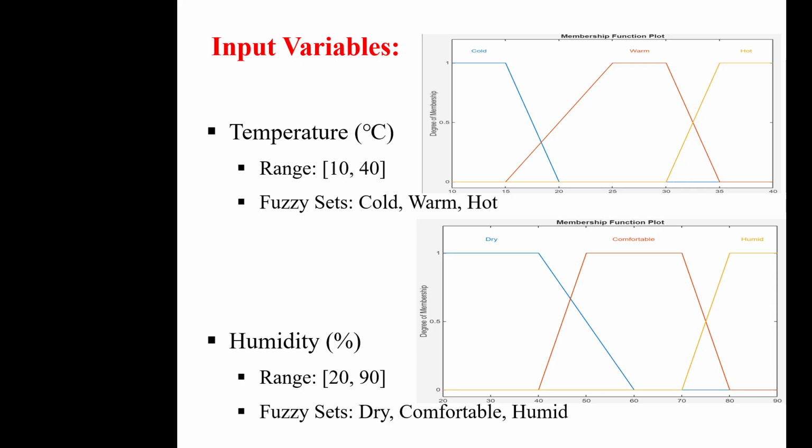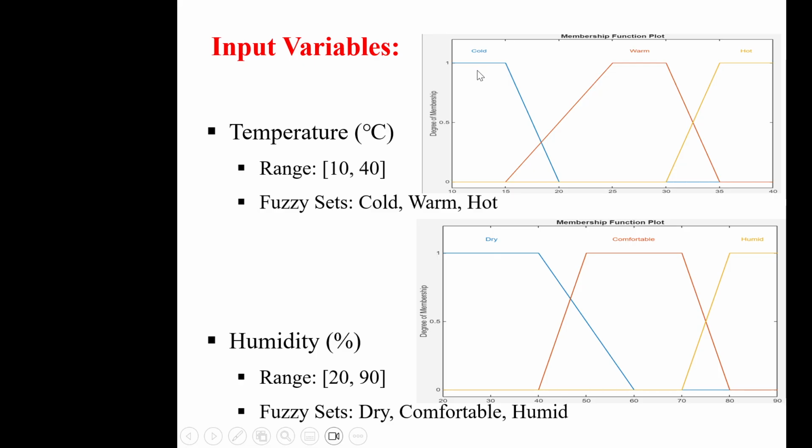Apart from this, we can make use of the Gaussian shape, that is the shape that resembles a bell, a normal distribution curve. So that is what we call the Gaussian shape.